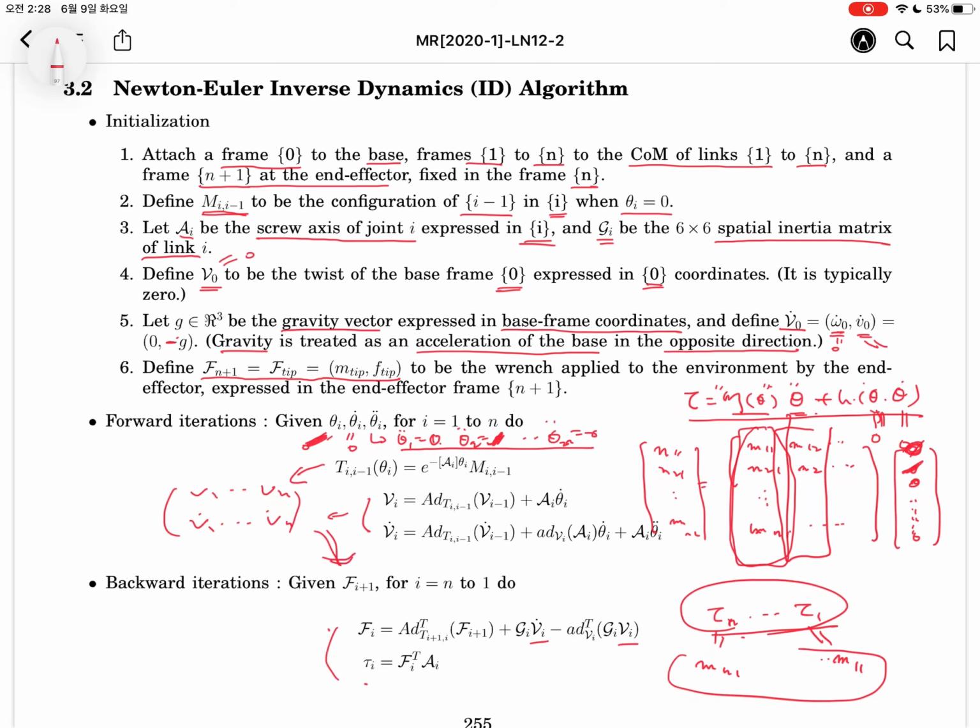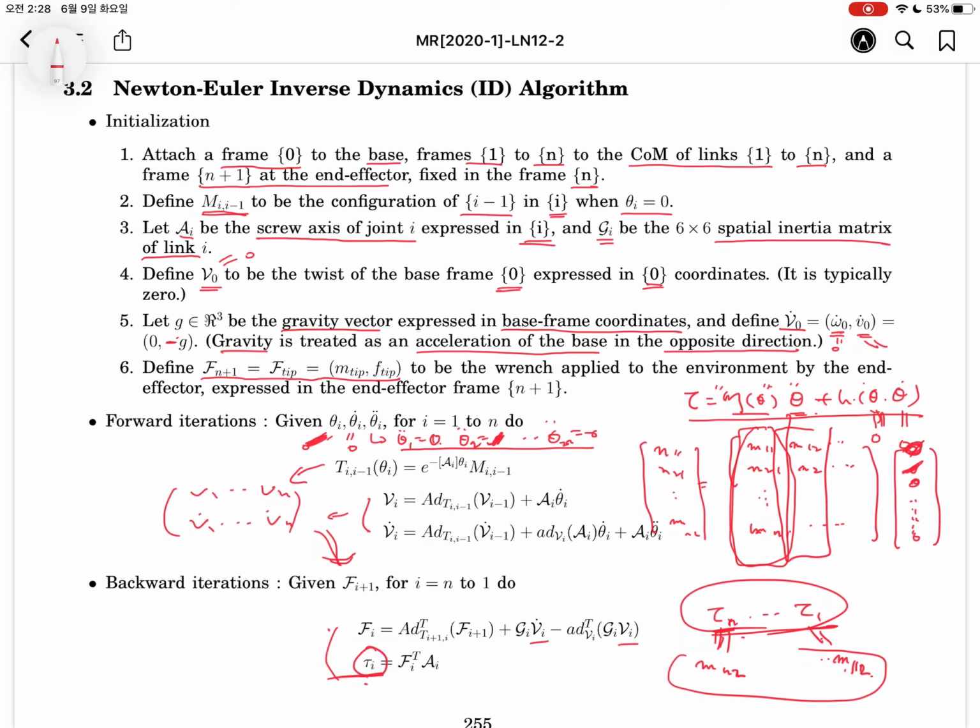This data is applied to here, and then we can get tau n through tau 1. It is corresponding to Mn2, and so on, M12 is obtained as a result of the tau. Like this, we can determine the second column vector of the inertia matrix. If you apply this kind of thing n times, we can make the inertia matrix.